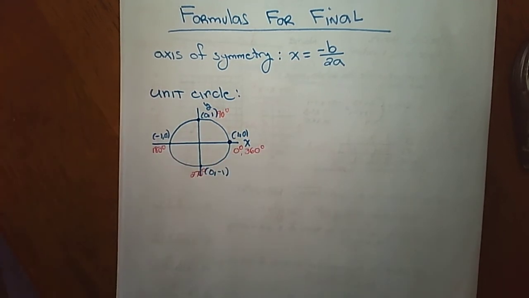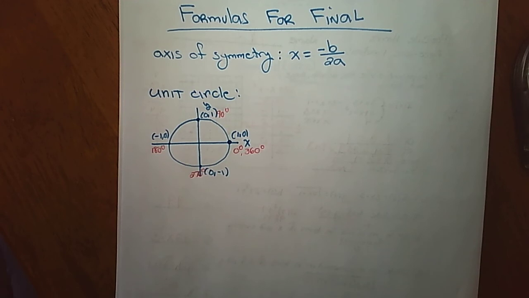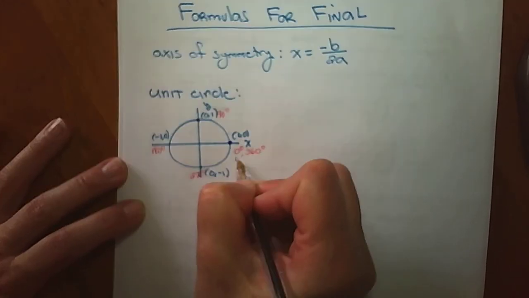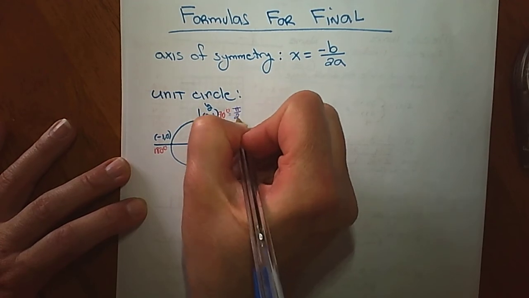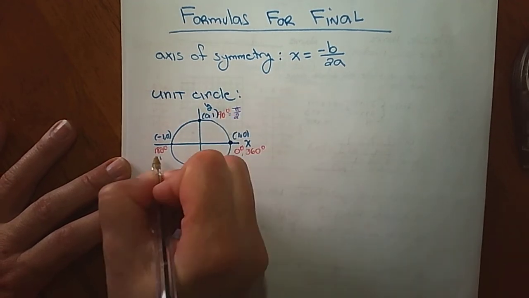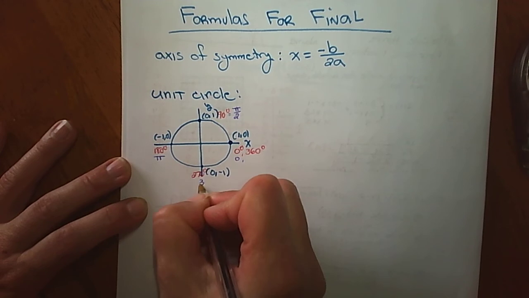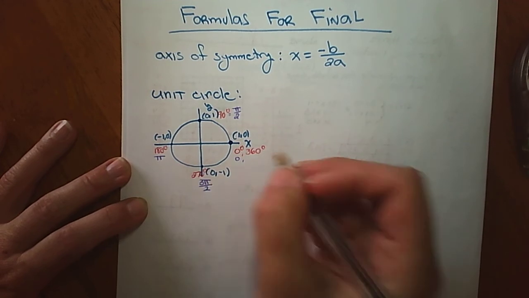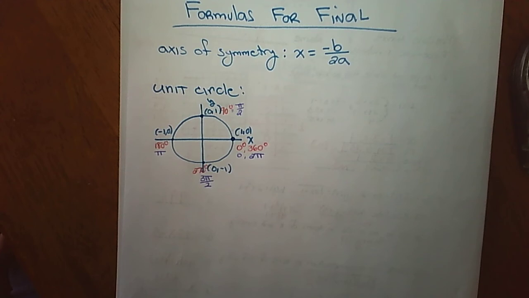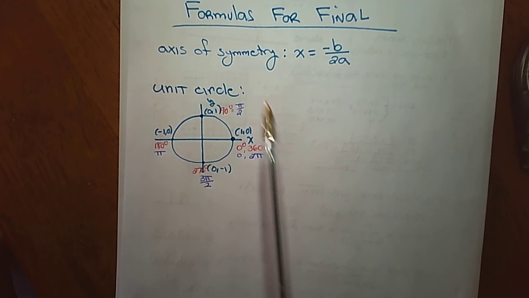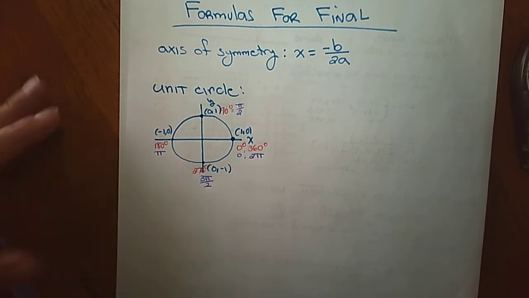But we also need to know those in radians. Now, in radians, right, this would be 0. 90 is pi over 2. 180 is pi. 270 is 3 pi over 2. And 360 is 2 pi. So that's our unit circle. And a lot of the trig comes right off of this.